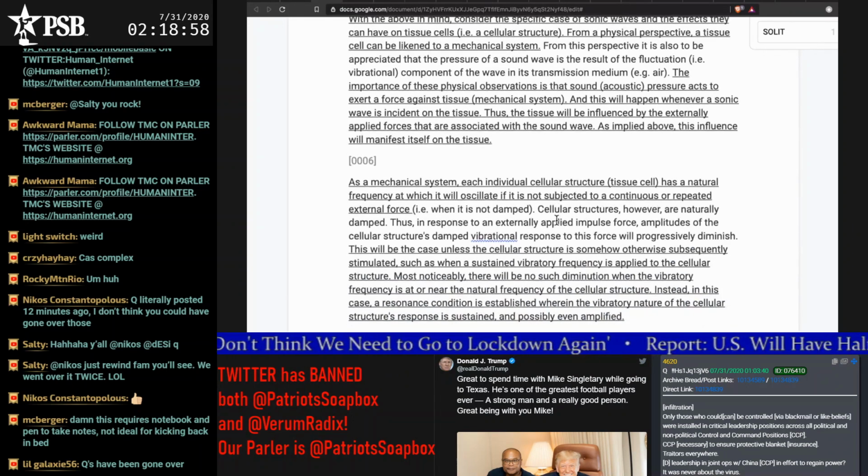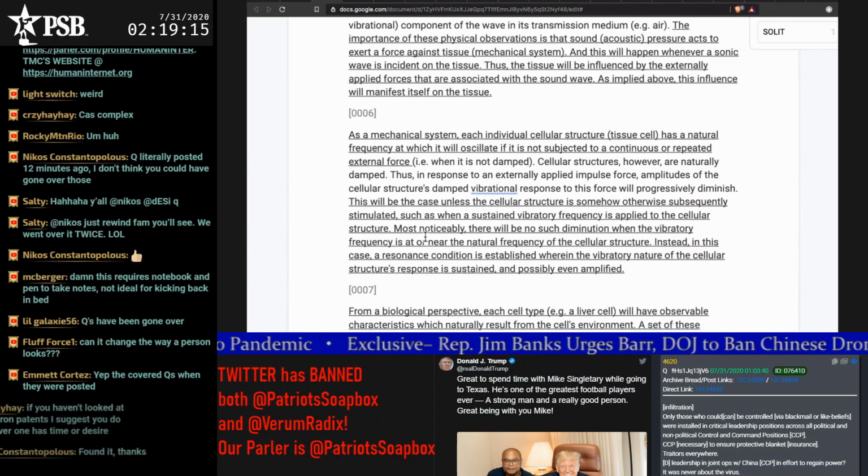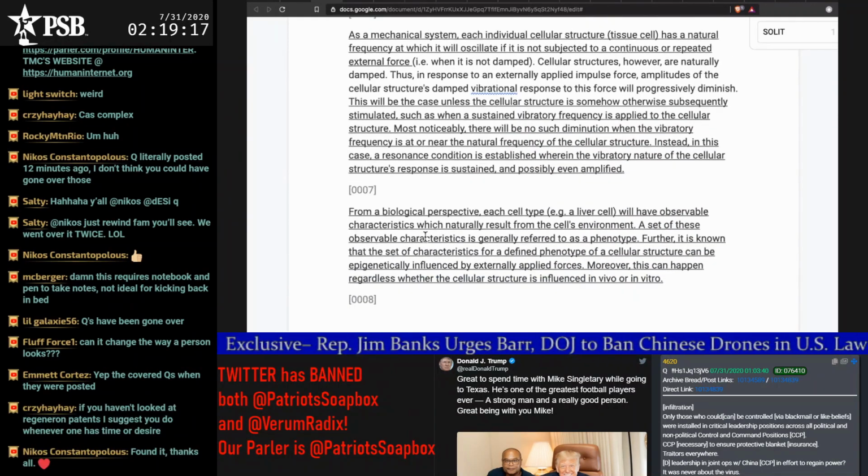As a mechanical system, each individual cellular structure, the tissue of the cell, has a natural frequency at which it will oscillate if it is not subjected to continuous or repeated external force. This will be the case unless the cellular structure is somehow otherwise subsequently stimulated, such as when a sustained vibratory frequency is applied to the cell.